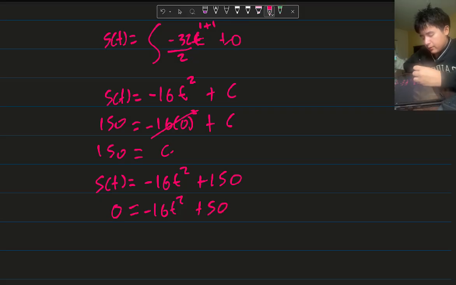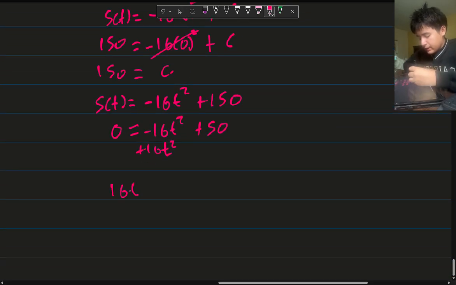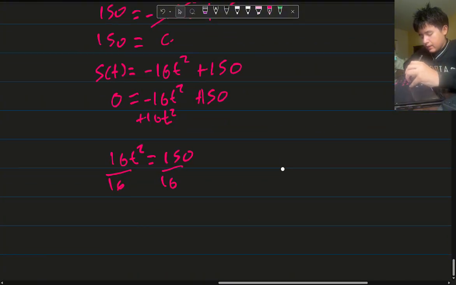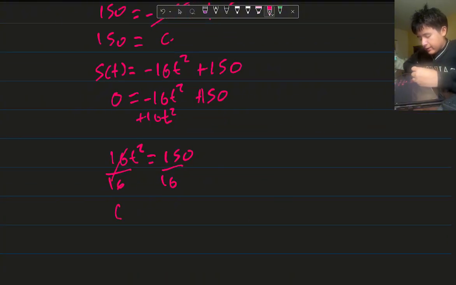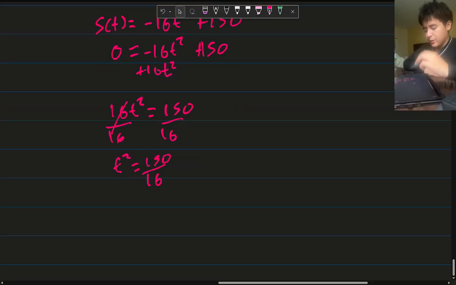So first thing I'm going to do is add 16 t squared on both sides, so 16 t squared is equal to 150. Get t by itself by dividing, so this cancels out. t squared is equal to 150 over 16. Since I don't have a calculator right now, since I'm at a hotel, we're just going to leave this as our exact value.